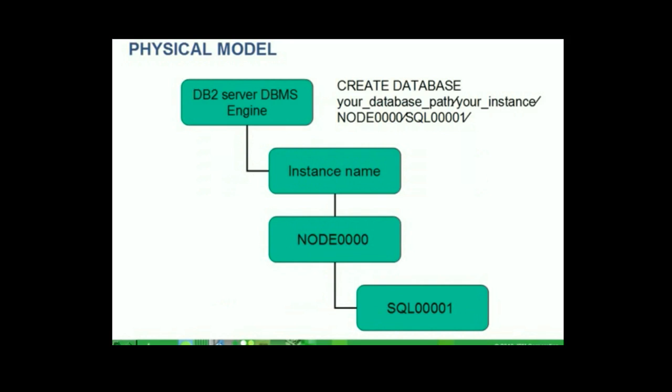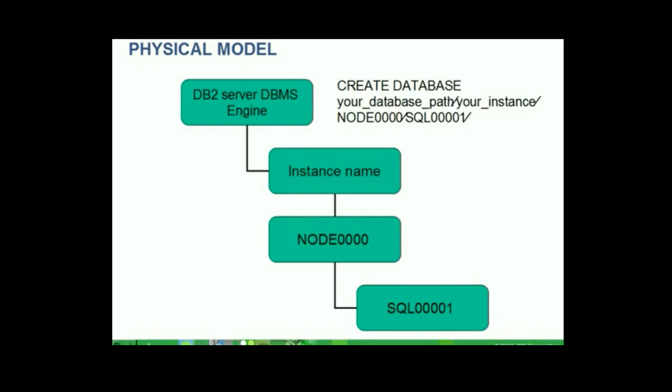From the physical point of view, you may see a database as a set of directories and files. In the path you specify while creating a database, a subdirectory in the name of the instance is created. Below the instance name subdirectory, a subdirectory named NODE0000 is created.